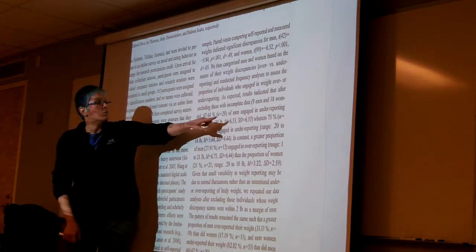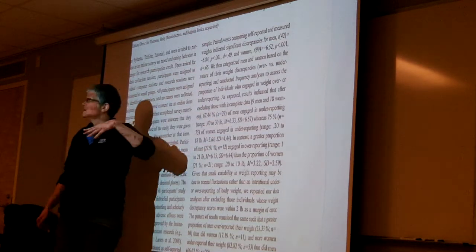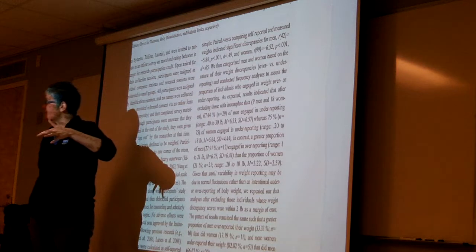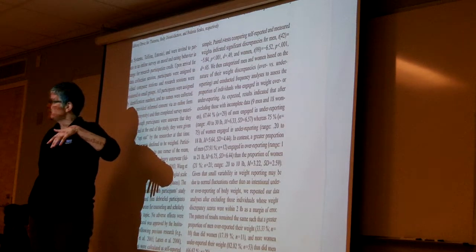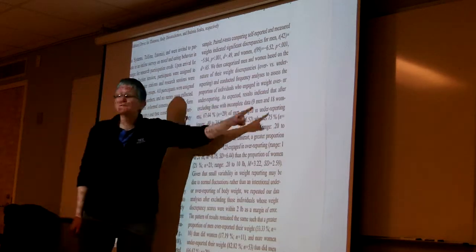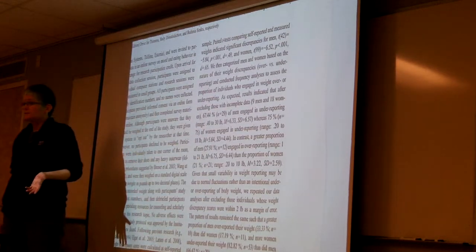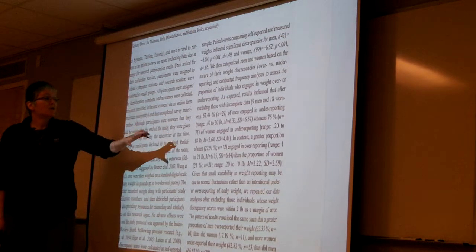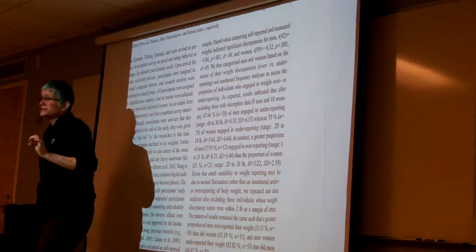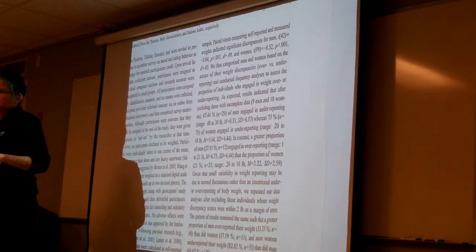Whereas when we talk about the women, okay, of the 100-something women that were in the study, how many did we have at the beginning? 104 women in the beginning. Okay, 18 of them didn't provide enough data for them to calculate over-report or under-report. And of those, 75% underreported their weight.